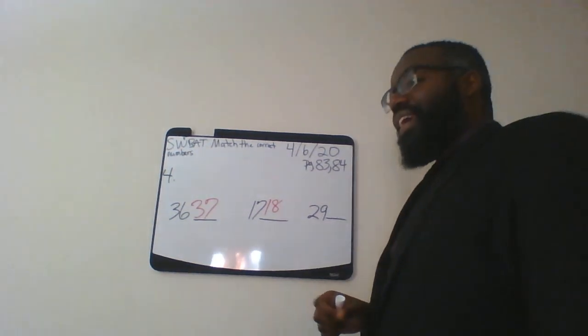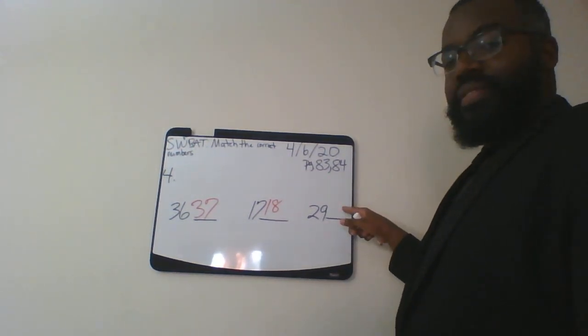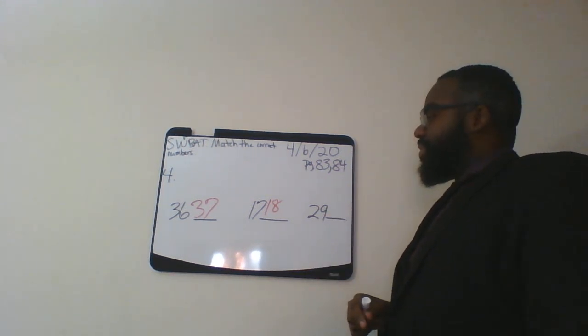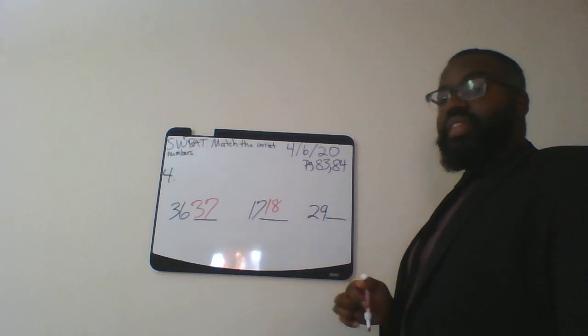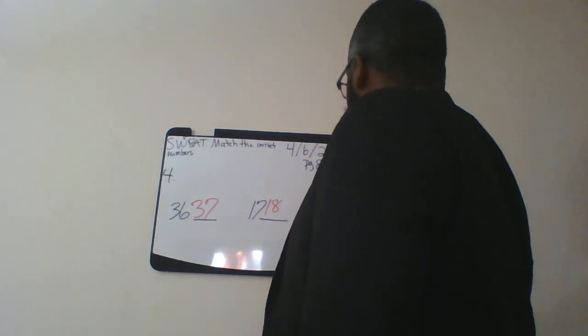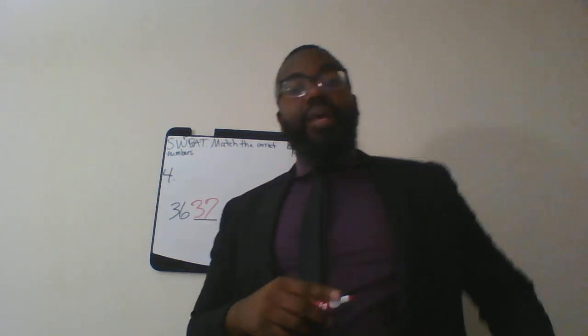You're doing good. Now let's try 29. What comes after 29? Is it 40? No, that's not right. 29. 30. Good job. So for number 4, take your time writing the number that comes after.